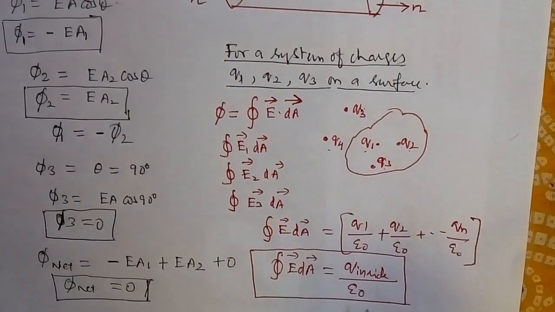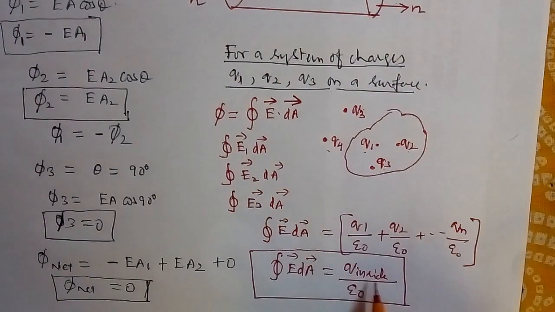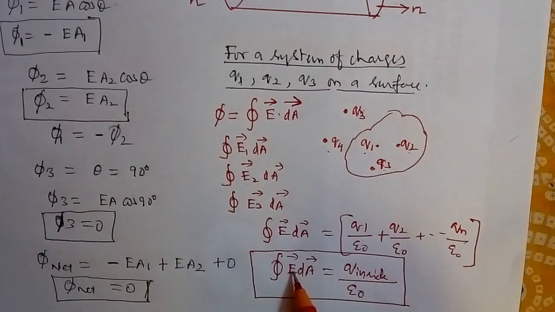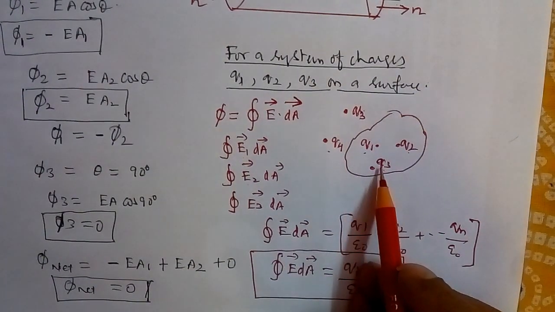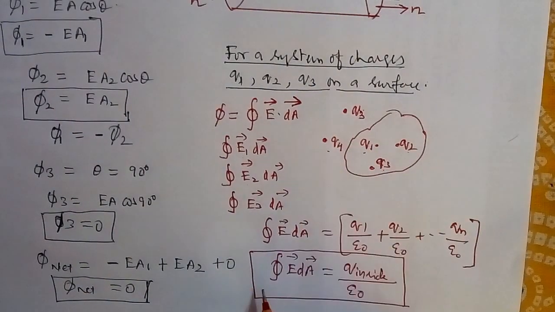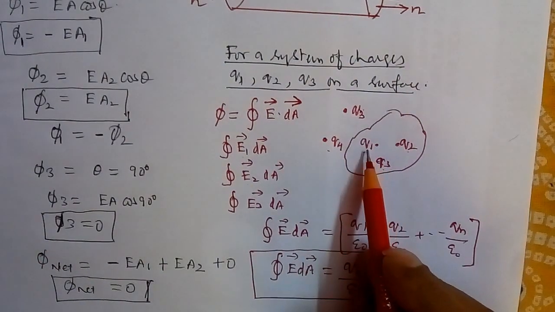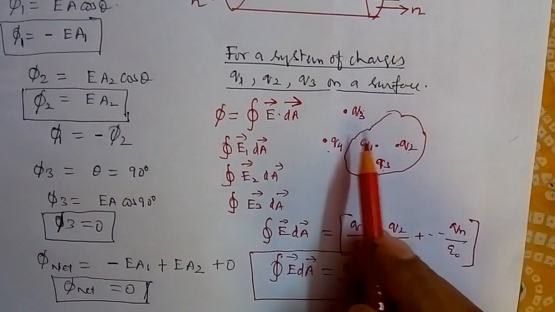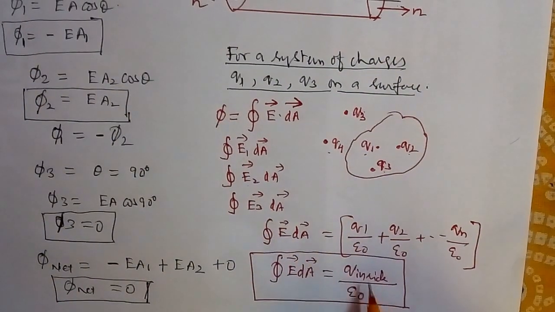Remember students, on the right side we have the charge inside the closed surface, whereas the electric field on the left side is due to the charges present inside the closed surface as well as outside. So on the left hand side we have electric field due to both charges inside and outside, whereas on the right side we have charges only inside the closed surface.